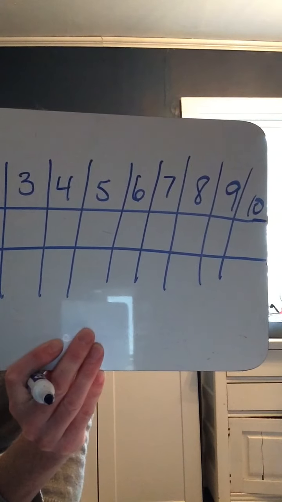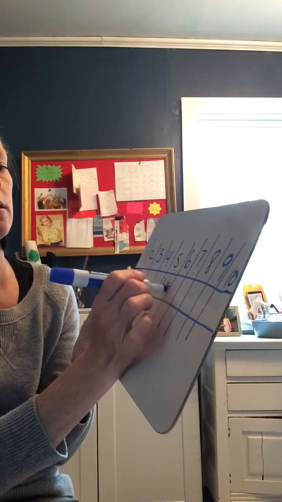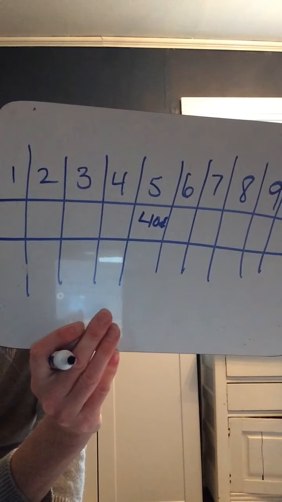So what you can do on your chart right there is, if 5 oranges cost 40 cents, I can fill that in. 5 costs 40 cents. And this is a division problem, just like the first one. So to solve for how much each one costs, I need to do 40 divided by 5.